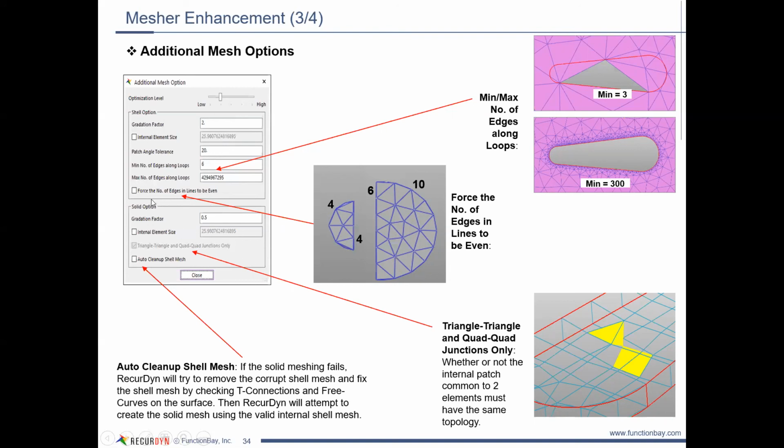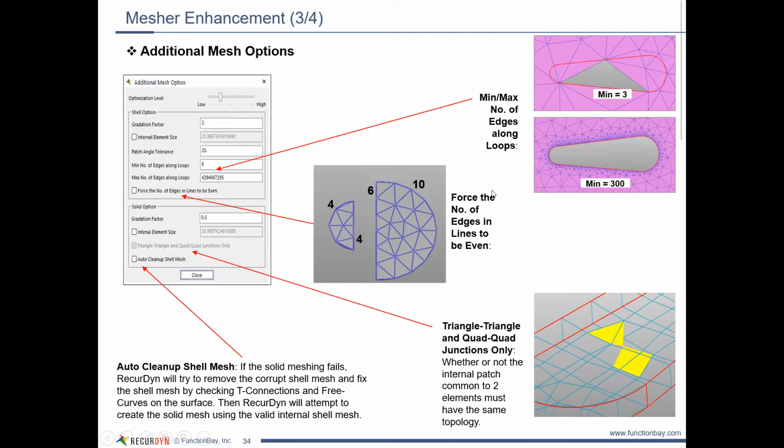So if you set things to be even, in the case of the left, the elements along the line and the elements along the arc are both 4. In the case where that's left off, then we have 6 along the line and 10 along the arc. So it's just another option you have if you want to control the element distribution along certain curves and so forth.